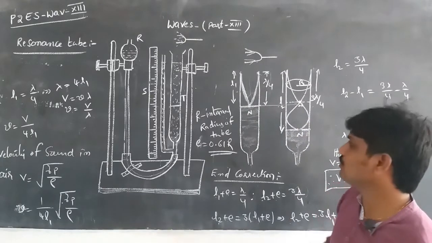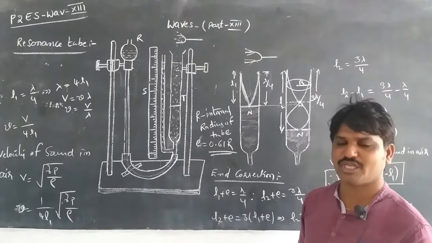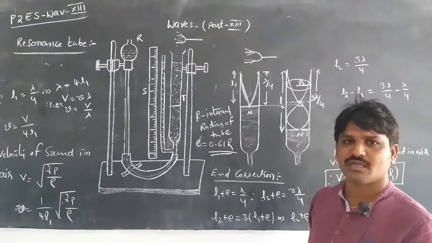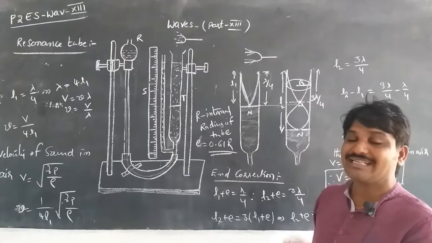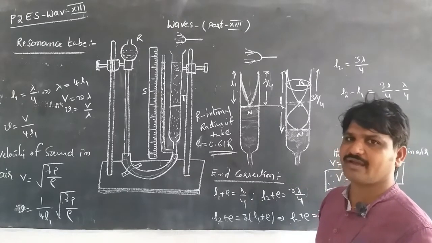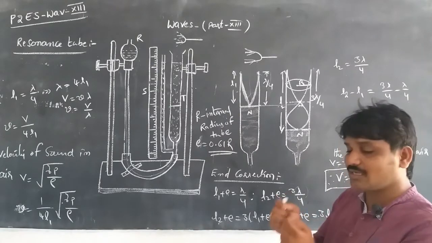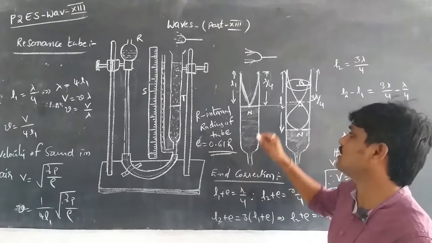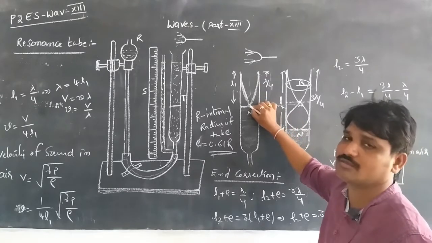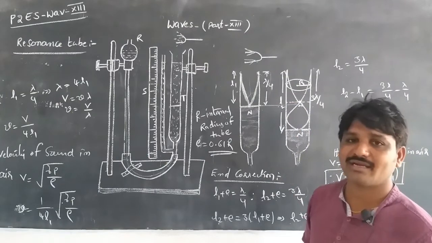Again and again by doing this, we hear a loud sound at a certain point. Otherwise we can't hear the sound. That is how we get the lengths of air columns, L1 and L2.